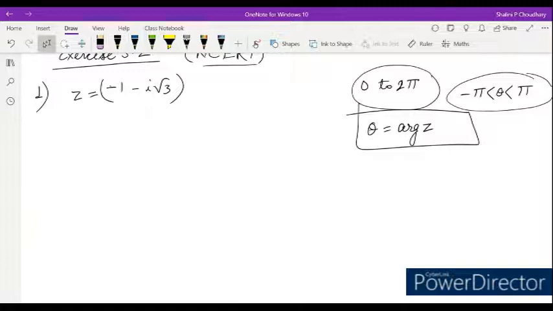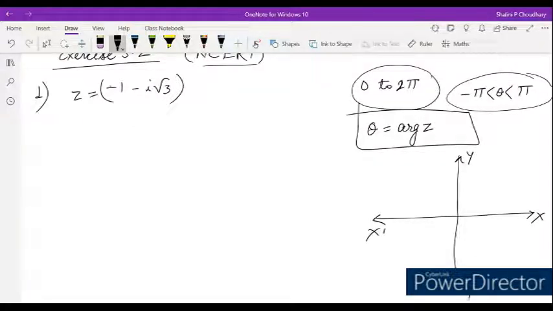And one more thing that we need to discuss here: this is the x-axis, so this will be x dash, this is y, then this will be y dash. It means this is the first quadrant, this is the second quadrant, third quadrant and fourth quadrant.